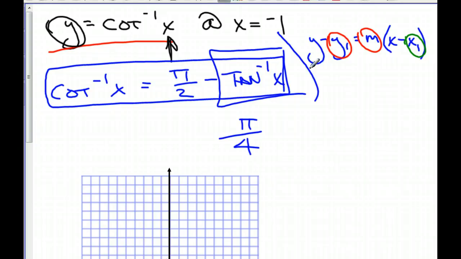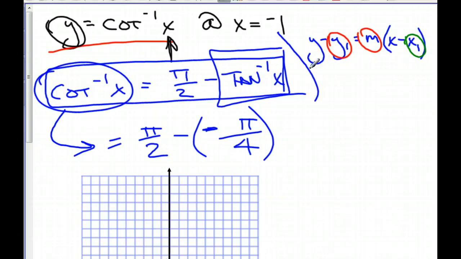And actually it's negative pi over 4. Okay? So at this point I have pi over 2 minus negative pi over 4, and that is my arc cotangent of x. So what is pi over 2 minus negative pi over 4?